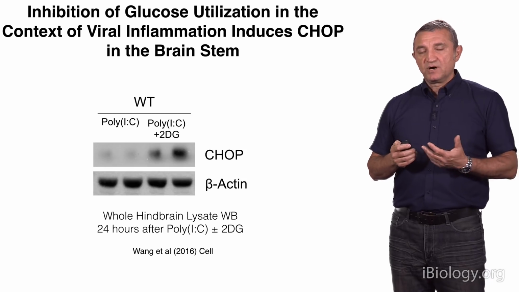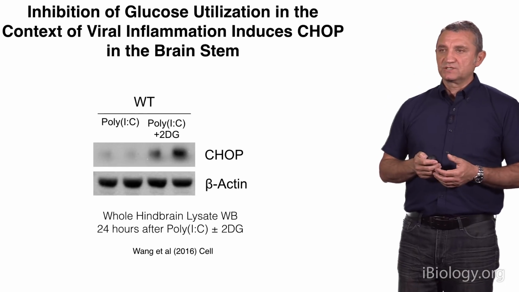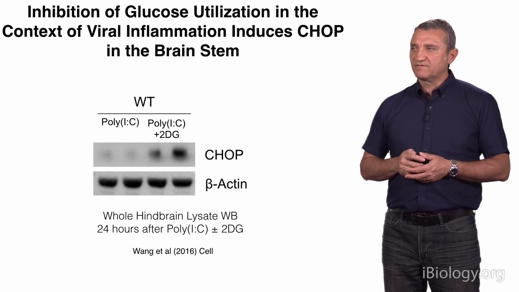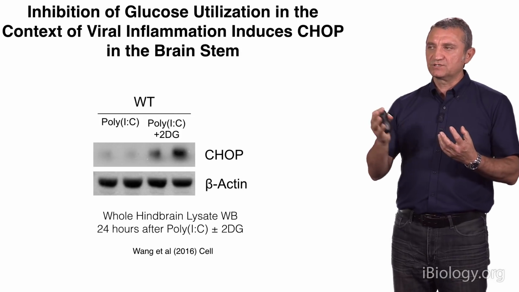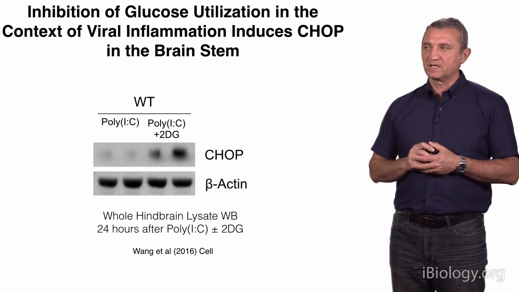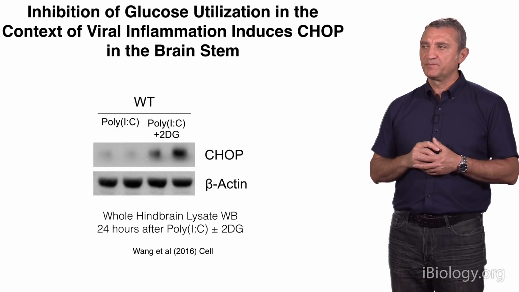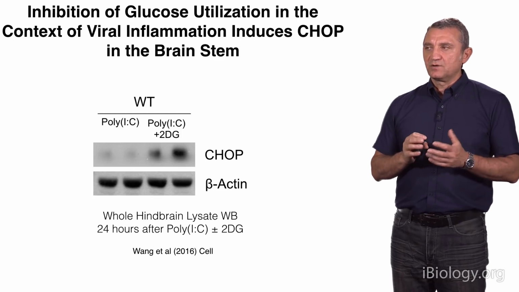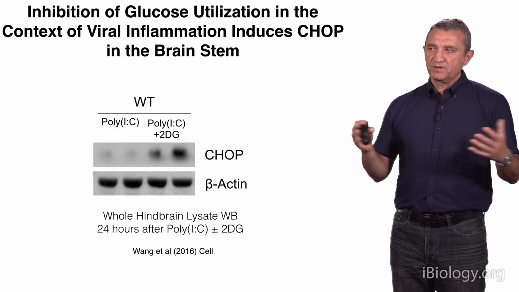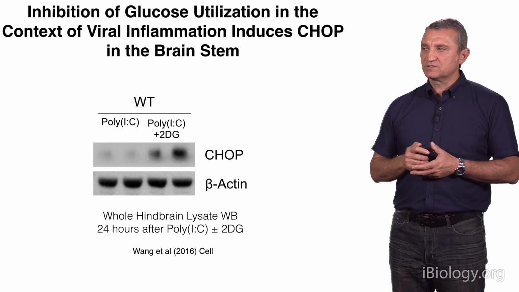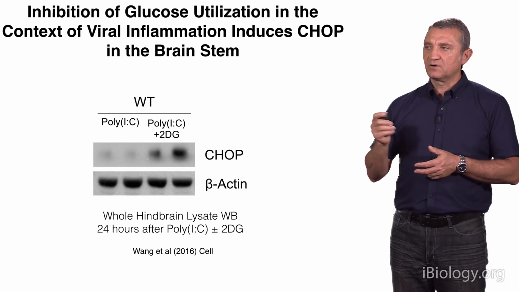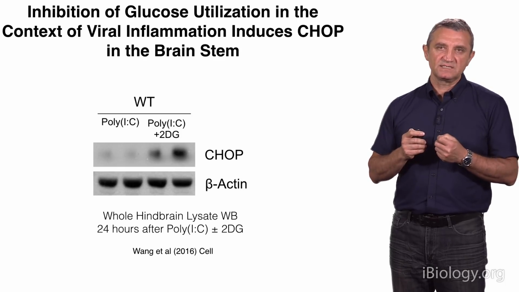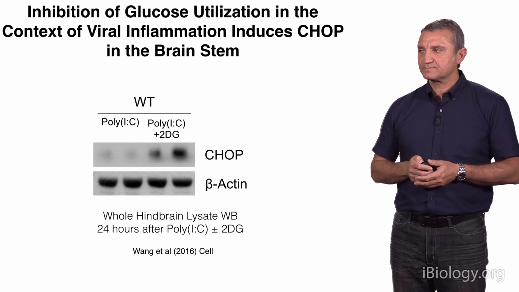And we tested whether CHOP is indeed induced under those conditions anywhere in the brain, and found that indeed when mice have viral inflammation, in this case induced by a viral mimic called poly-IC, either alone or together with 2DG, and then we monitored CHOP expression by Western blot, we found that it was only induced in hindbrain area, and only when mice received both poly-IC and 2DG.